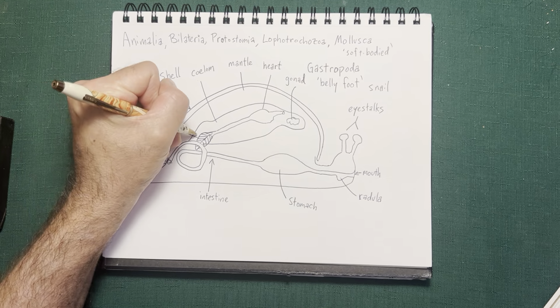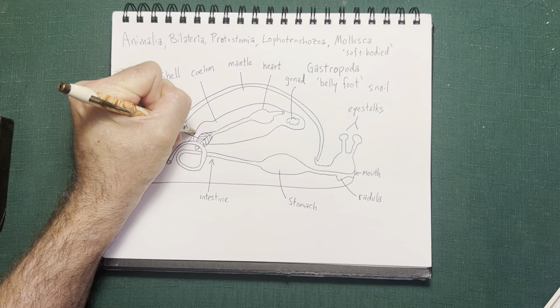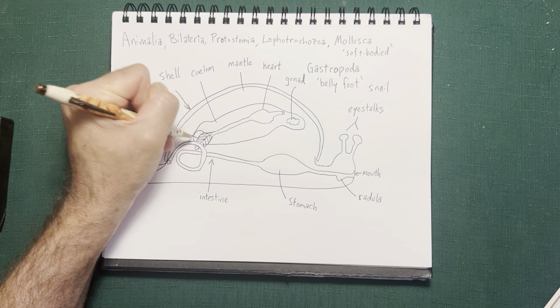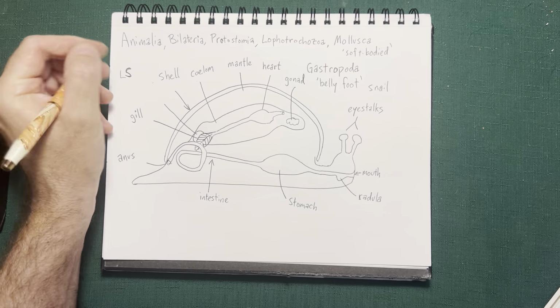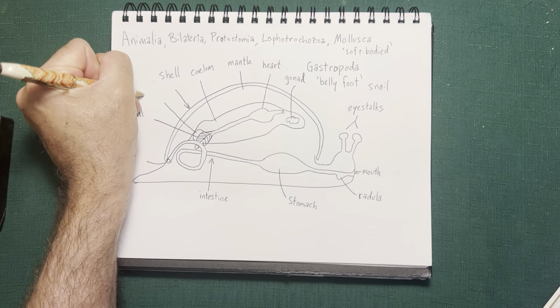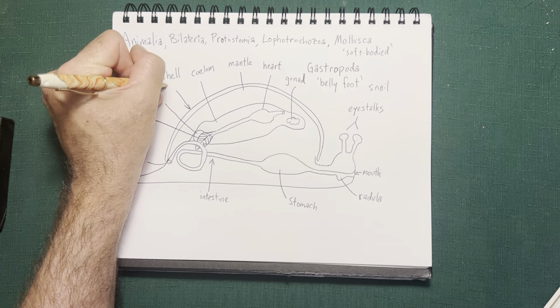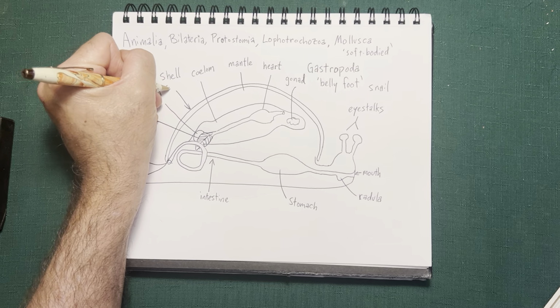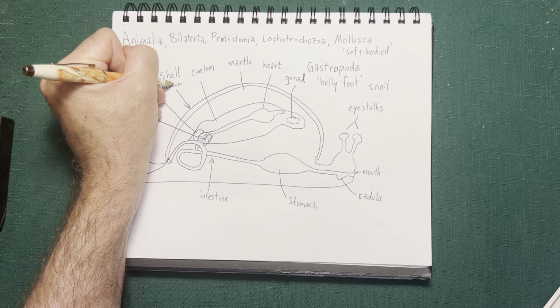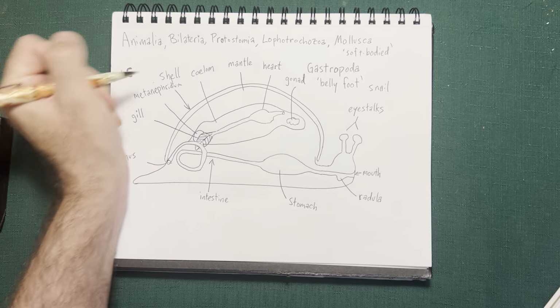Okay, one more structure I'm going to tuck in here. It's just going to be a shape down here at this end. Okay, so we know what the shell is.